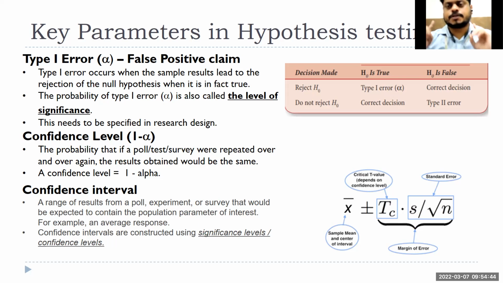Now think about two persons. One person is actually COVID affected, right? He has certain flu symptoms, fever is emerging, so he goes to the doctor and carries out a test.